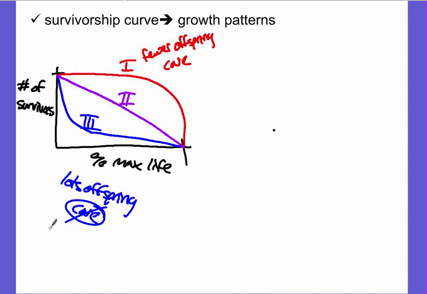Those are the kind of organisms that they don't necessarily have thousands of offspring, but they're going to have a few more than a type 1 would, because in their survivorship curve, it doesn't really matter if they're young or if they're old, they're just as likely to be picked off, right? So this is something that probably has a predator, say like a mouse, right? They're going to have quite a few offspring at a time. It's not thousands of offspring, but it doesn't really matter what age that mouse is.